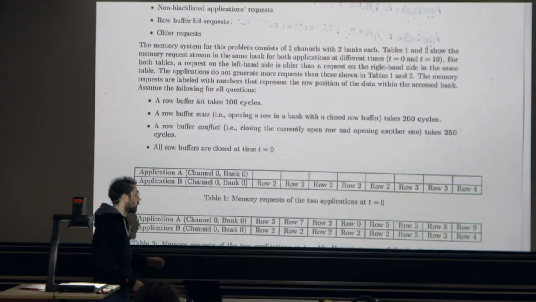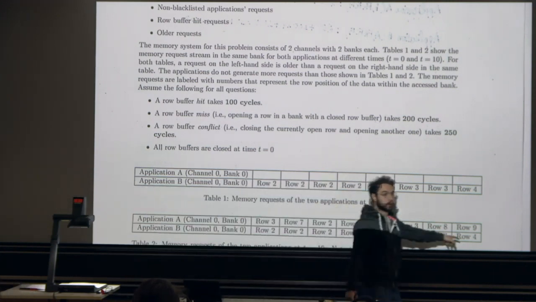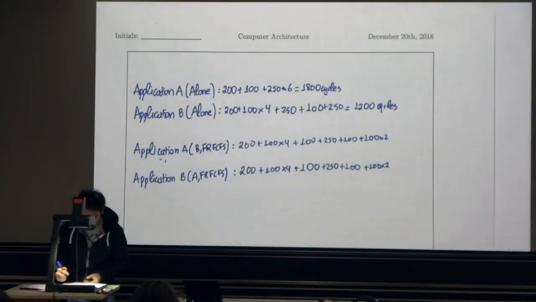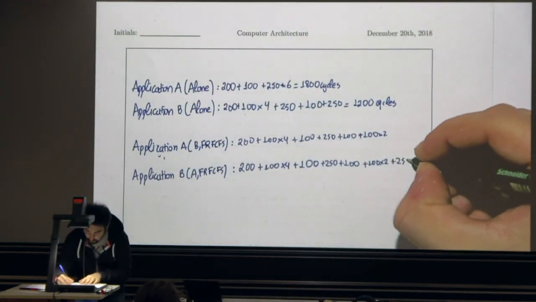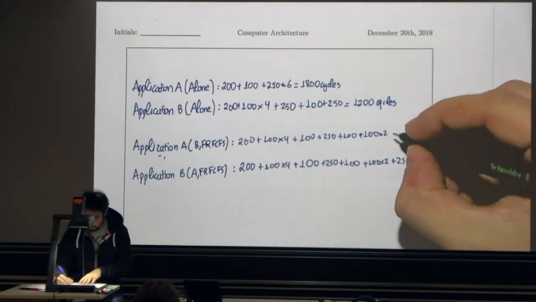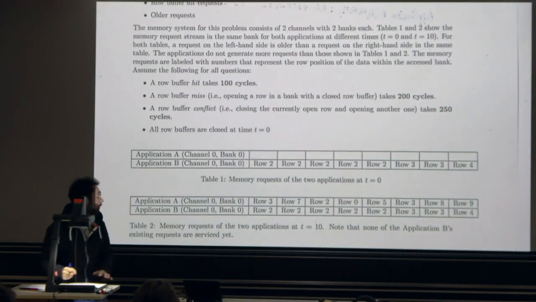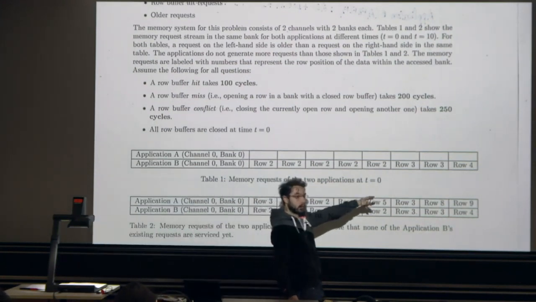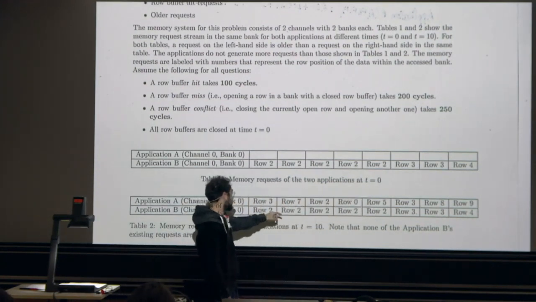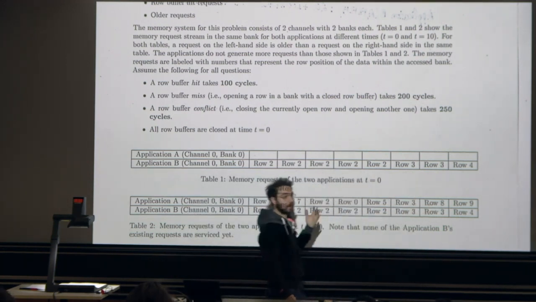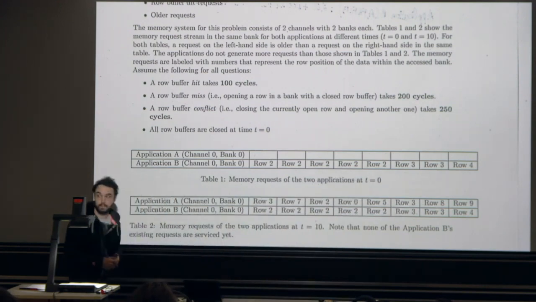Then we need to service row 4 because it's the oldest one. There is no other ready request, and we need to service row 4. So to service row 4, we need to pay 250 cycles more for both. And then, how many requests are missing from application A? Because we did not execute all the requests. We executed 3, 2, and 3. So we need to service requests 7, 0, 8, 5, and 9, which are 5 requests, all in different rows, which means 5 conflicts, right?